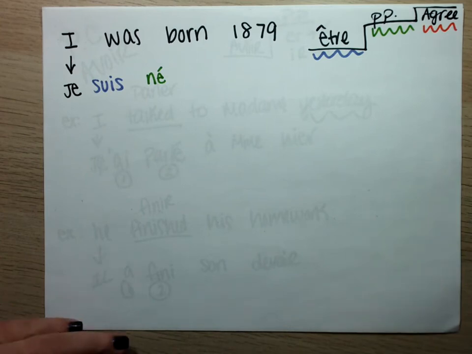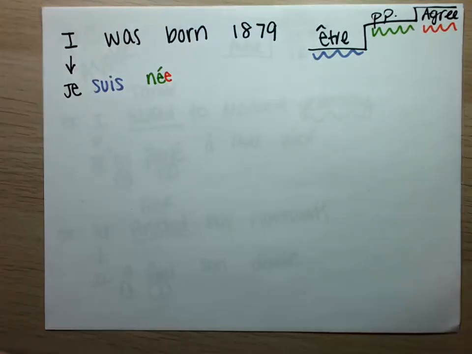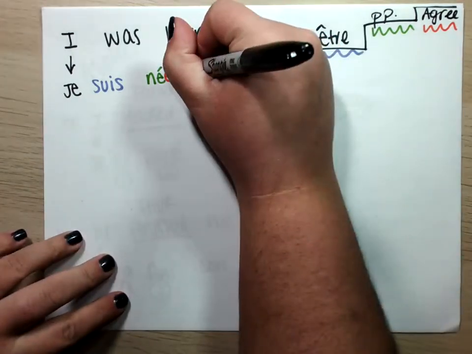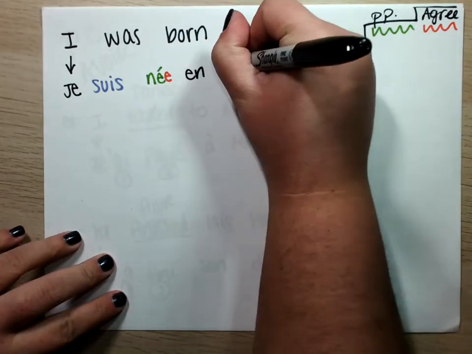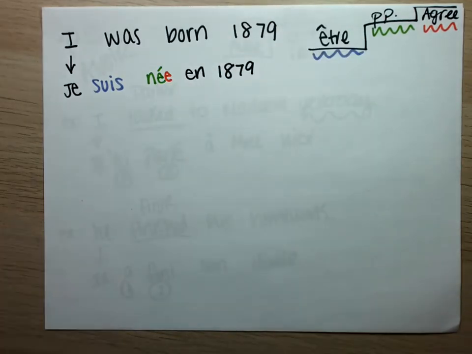Because I'm a girl, I'm just going to add another E onto the end here. So je suis née. And now we can finish our sentence by saying je suis née en 1879. I was born in 1879.